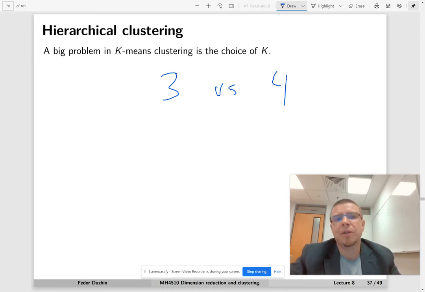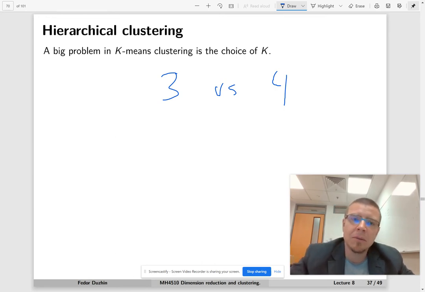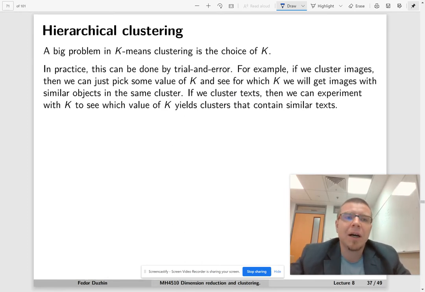And we could do something like cross-validation, and then we could compare different choices of k. So this probably could be done in principle, but I don't really want to focus on it because there is a different method of clustering that is free of this problem. It's called hierarchical clustering.